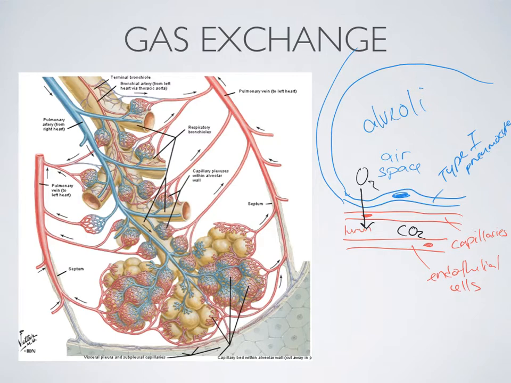The cells of your body have already used up all the oxygen, and then we produce CO2 as a byproduct of metabolism. So there's a lot of CO2 in that blood, and so the CO2 just diffuses across its gradient, so it's going to go the opposite direction, right across that endothelial cell, right across that pneumocyte, and into the airspace. So that's the basics of gas exchange.